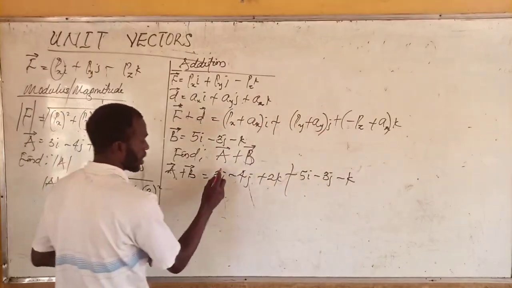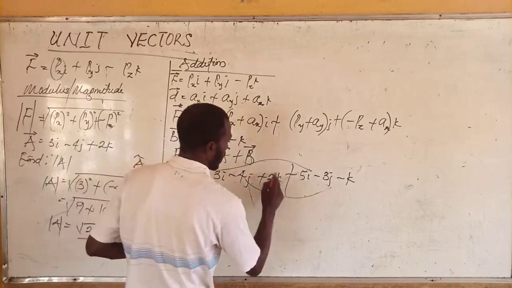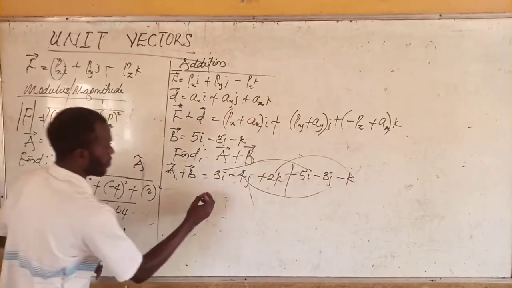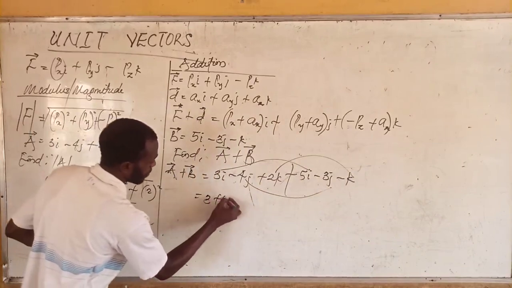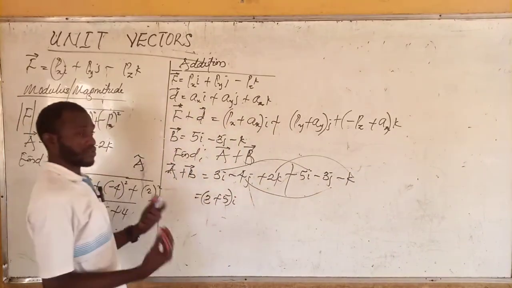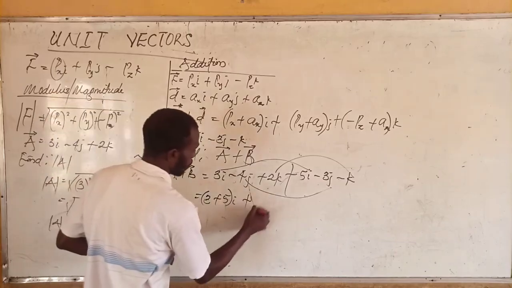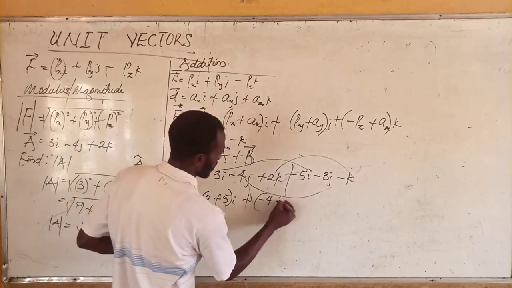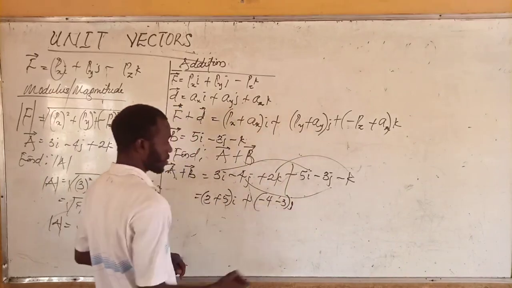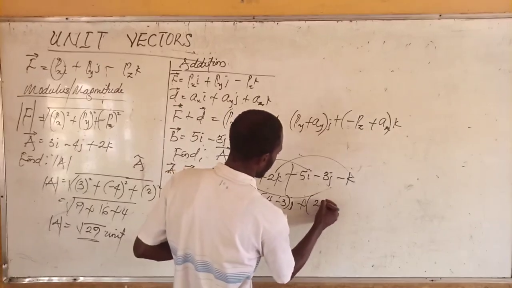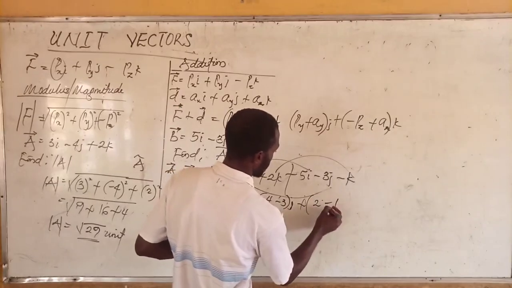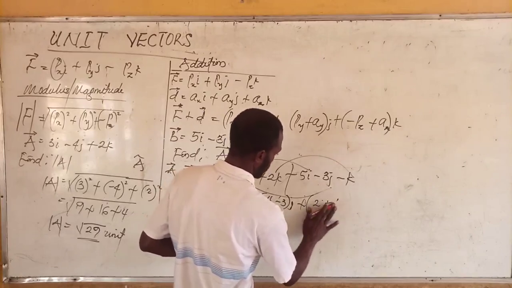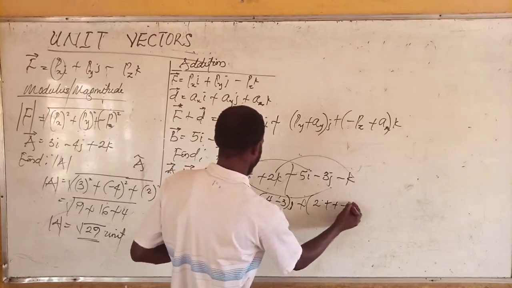So then we have 3 plus 5i, or 3i plus 5i, then plus minus 4 plus minus 3 for j, then plus 2 minus 1. 2 plus minus 1. Do you understand?